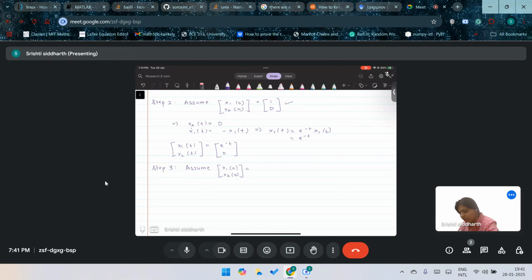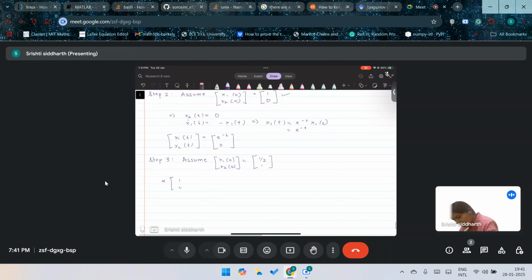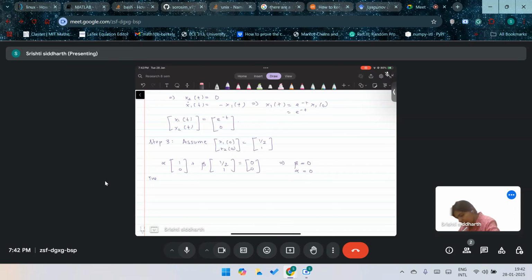So we can check very quickly whether these are linearly independent. So alpha times (1, 0) plus beta times (half, 1) equals a zero vector. So the second equation implies that beta is 0 and then the first equation implies that alpha is 0. So these two initial conditions are linearly independent.